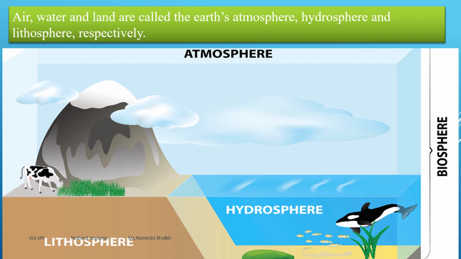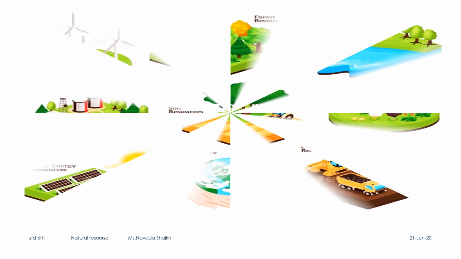The plants beneath the sea also require land which is present there, and they also need atmosphere. So every living organism, whether plant or animal or humans, they need all these three components together, that is atmosphere, lithosphere and hydrosphere, which is extremely important for the existence of life.